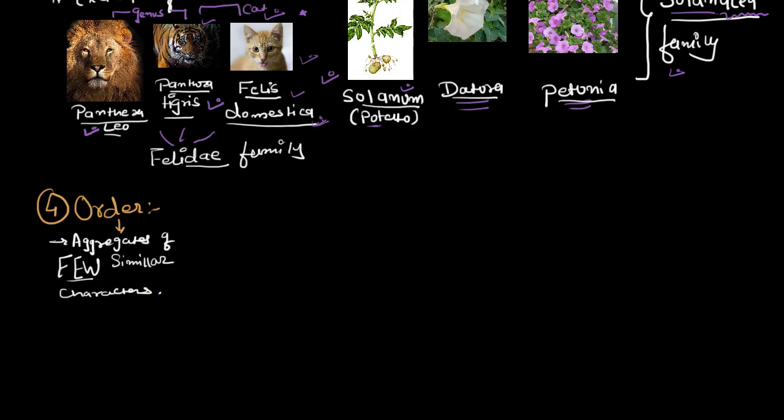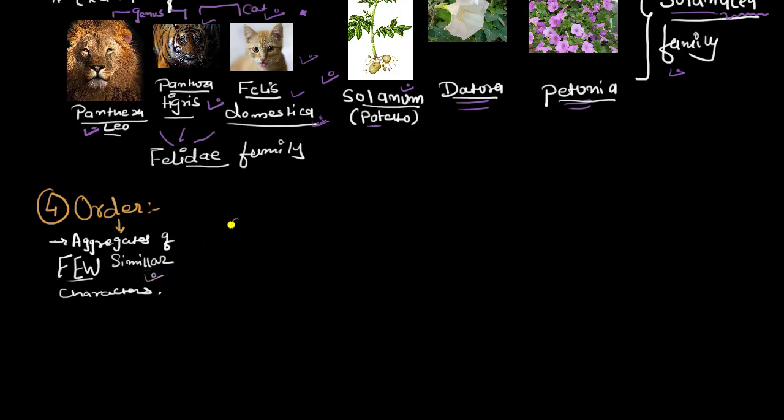See, few similar characteristics. In family, we at least saw one characteristic or feature, either vegetative or reproductive. But here, because we are going higher and higher, the similarities are going to decrease. So only a few similar characteristics would be okay here.